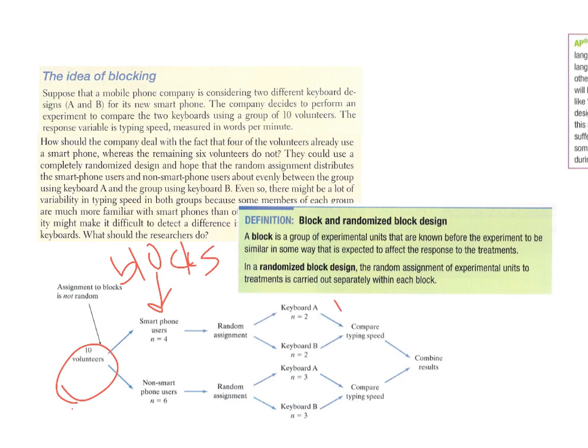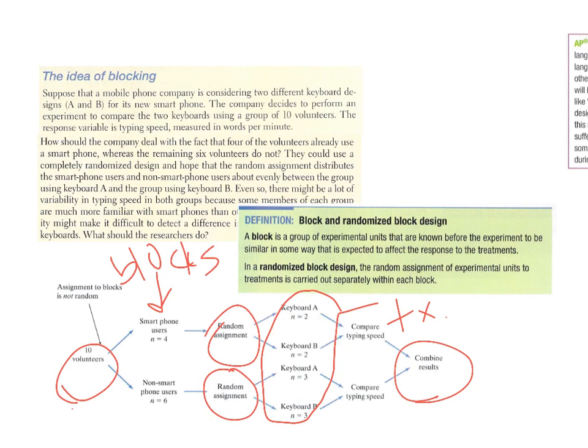Over here, these are our treatment groups, whether they're getting keyboard A or keyboard B. Our random assignment happens as we go into those treatment groups. They were on purpose put into groups of smartphone users and non-smartphone users, and that's our blocking part. Then we randomly assigned them to the treatment groups, and after we compare our typing speed, we can combine the results back together again.